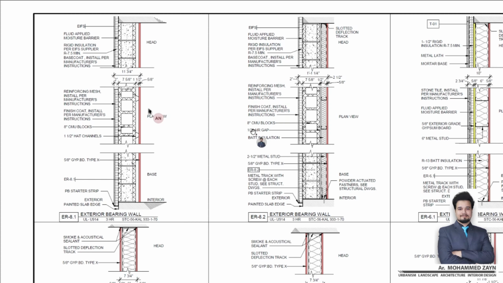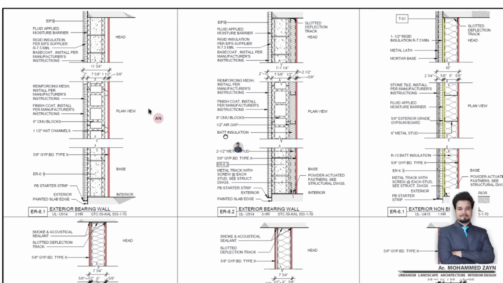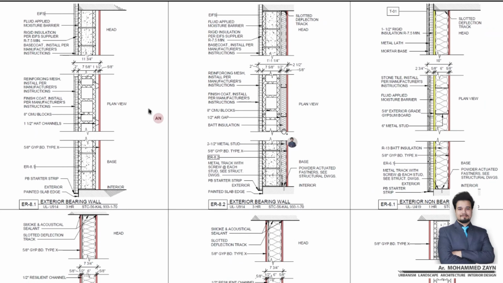When you start your project, the first thing you do is create the walls. You understand the construction type that you are going to use for your project, and then you start creating the walls. When you are creating any building, be it residential, commercial, anything, the first thing you do is select which part of the building would have bearing walls or bearing columns or beams and columns, and what kind of wall is going to be there.